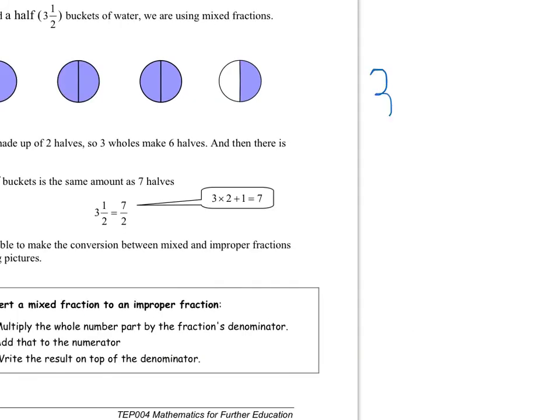So if 3½, which is a mixed number, is equal to 7/2, how did we go from the mixed number to the improper fraction? Well, the way we did it was to say that 2 times 3 is 6, plus that 1 is 7. So it becomes 7/2.